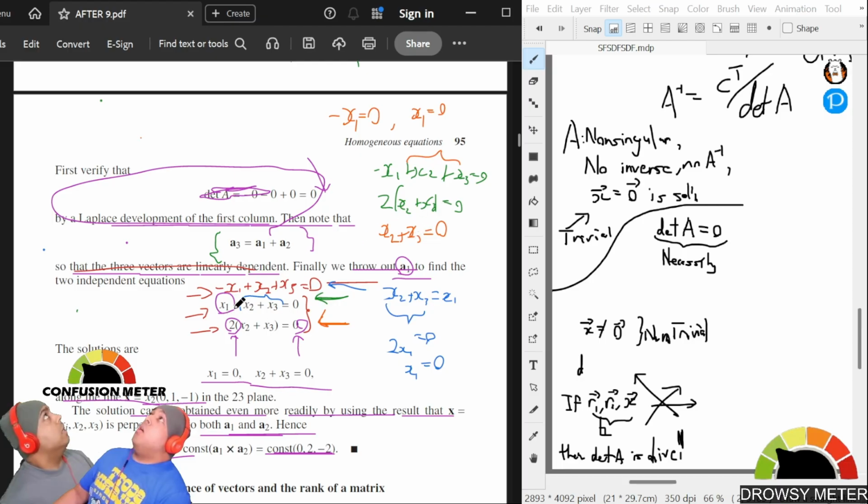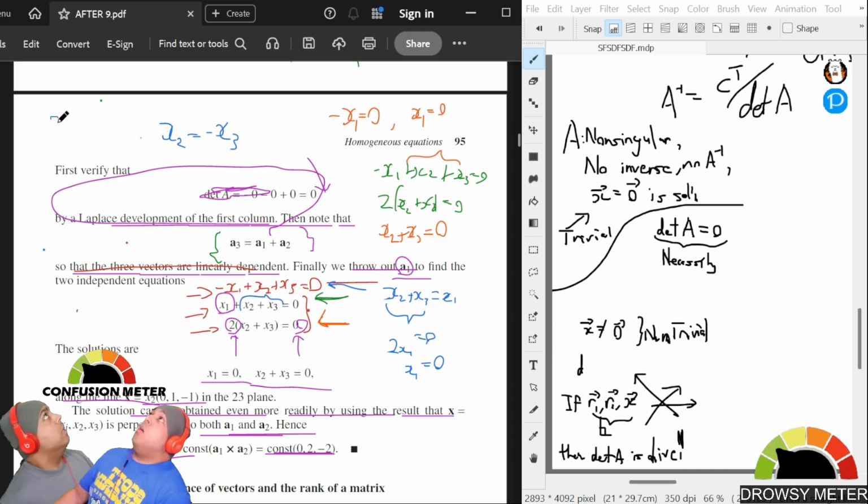We're never really given information about x2 or x3. What if we try to force it? x2 equals minus x3. That's correct, right? You can get that from here.